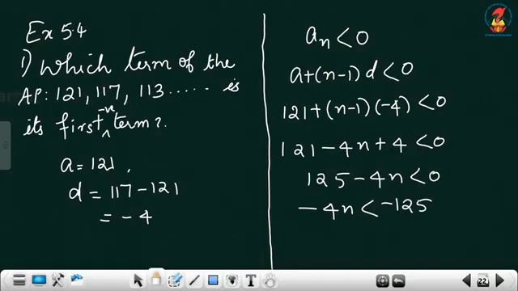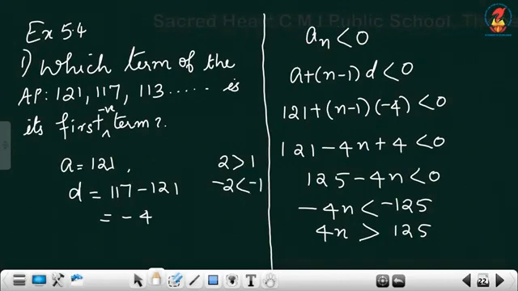So both the sides are having a negative sign, so we have to change the inequality. When you change the negative sign, it becomes 4n greater than 125. The reason is 2 is greater than 1, but minus 2 is less than minus 1. So when you take out the negative sign from both of these, we have to change the sign also.